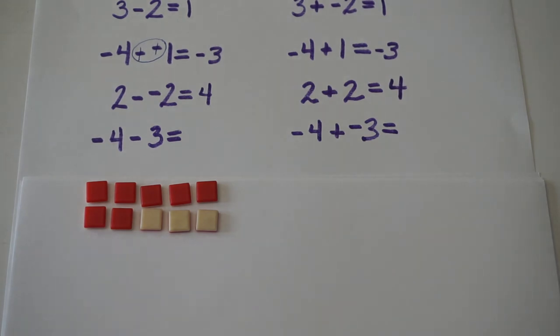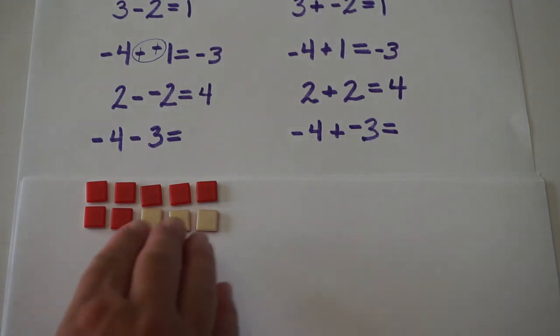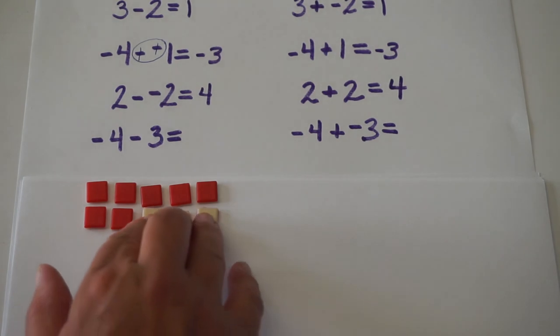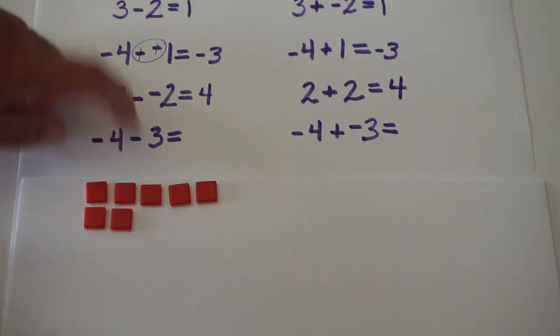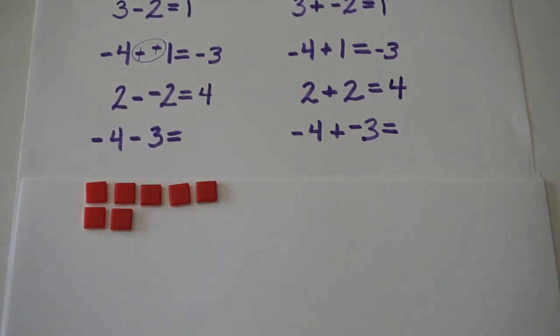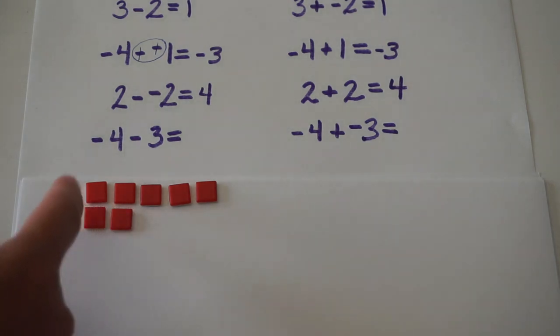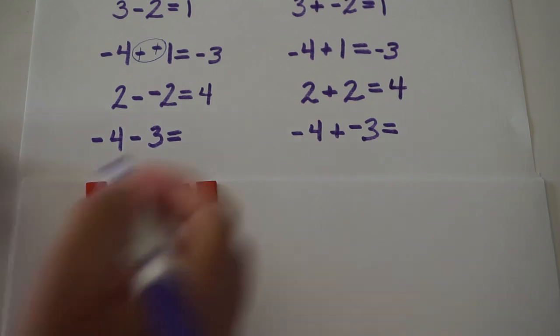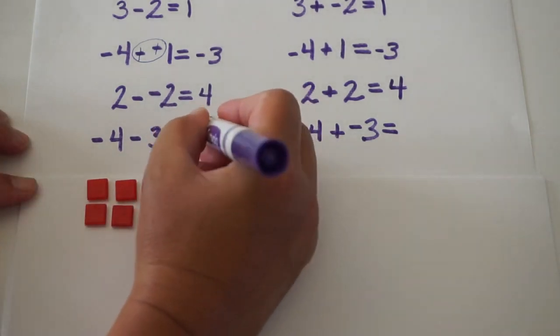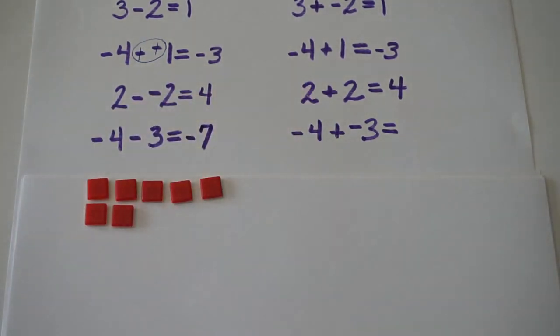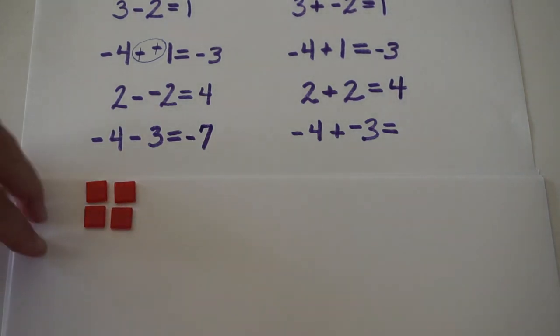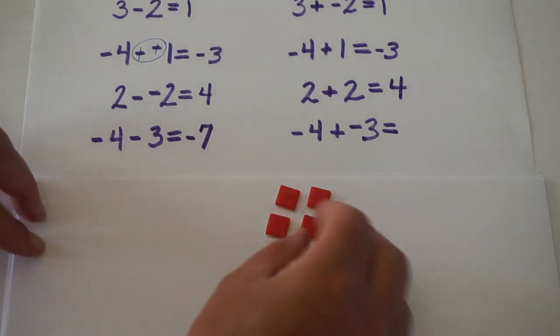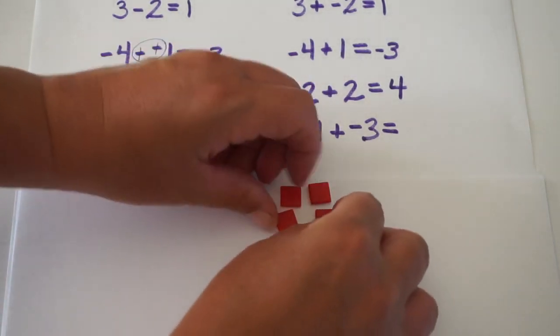Zero is most definitely more than nothing. Zero is very important to us. So we take away 3, and we count what we have left, which is 1, 2, 3, 4, 5, 6, 7. They're all red, so that's negative. We have -7 as a result. Now let's do this problem using addition. We've got -4.